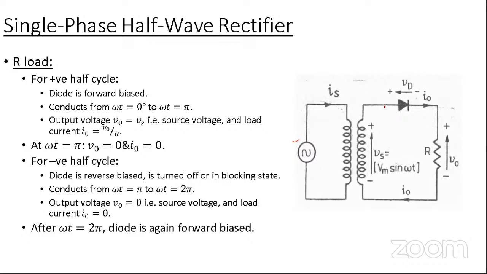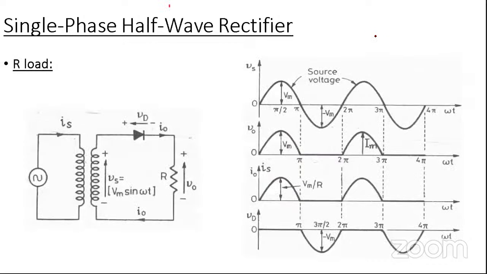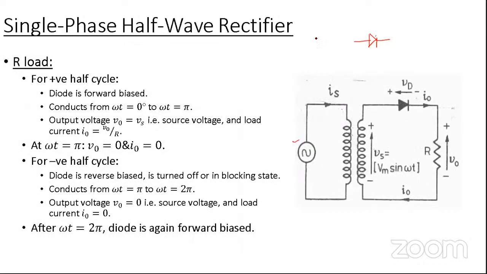Now, you see how this diode operates. For the operation of the diode, all of you know a diode is basically a two-terminal device. One terminal is called the anode, and this is the cathode.